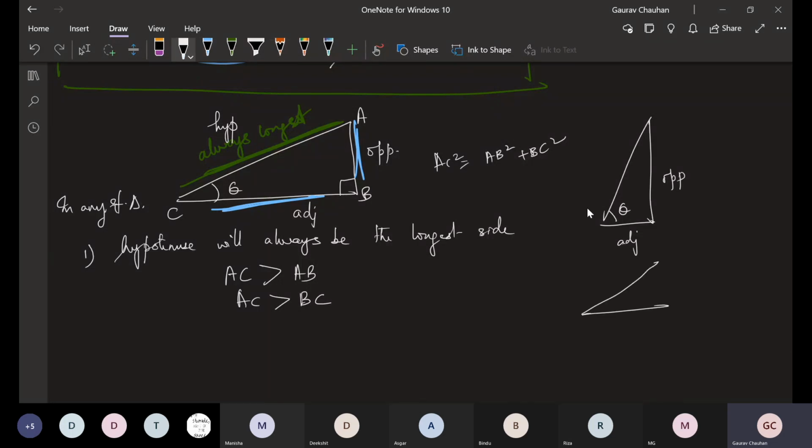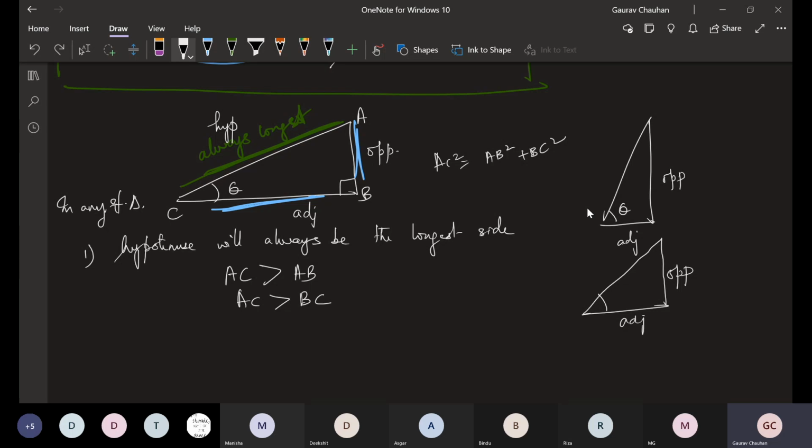In the exercise we did in class 8, 45 degree, that time opposite and adjacent were both equal also, if this is 45 degree. So we can't really say, opposite and adjacent, there is no pakka relationship. If we know something about the angle, maybe we can say that, that will come in future.